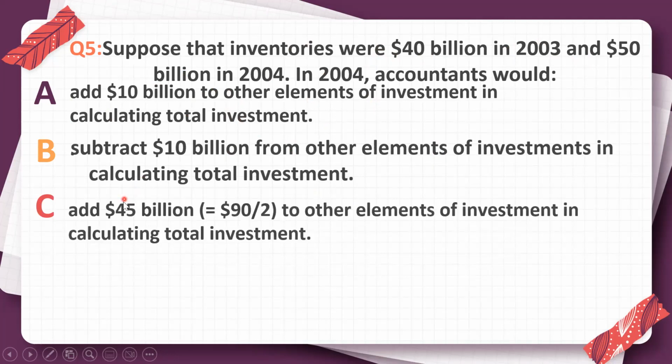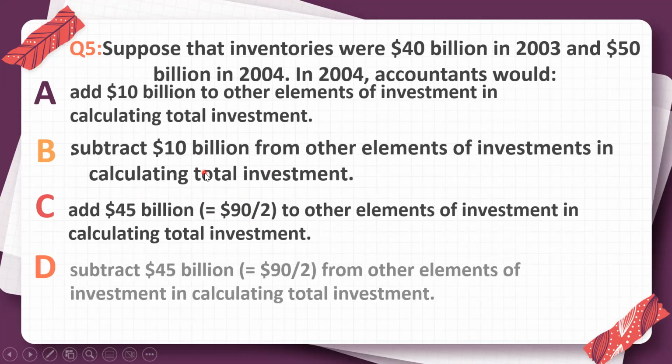C, add 45 billion, 90 divided by 2, to other elements in calculating the total investment, or D, subtract 45 billion, 90 divided by 2, from other elements of investment in calculating total investment.